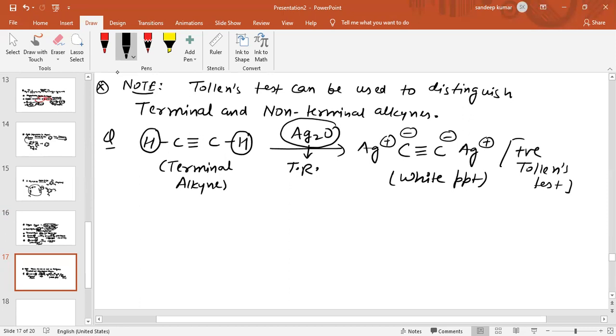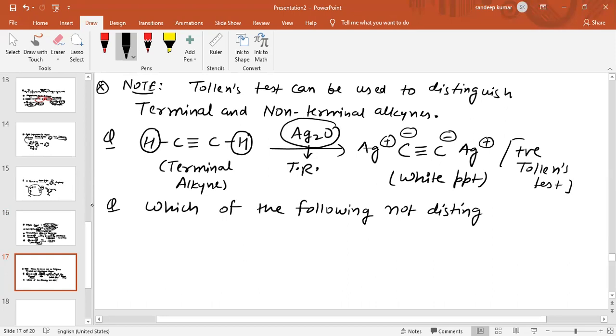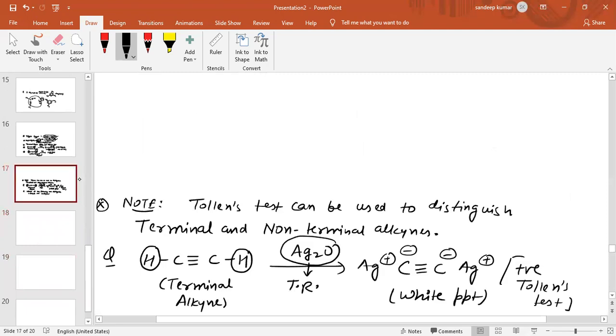Now see the next question. The next question I want to give you is: which of the following does not distinguish 1-butene and 2-butene?